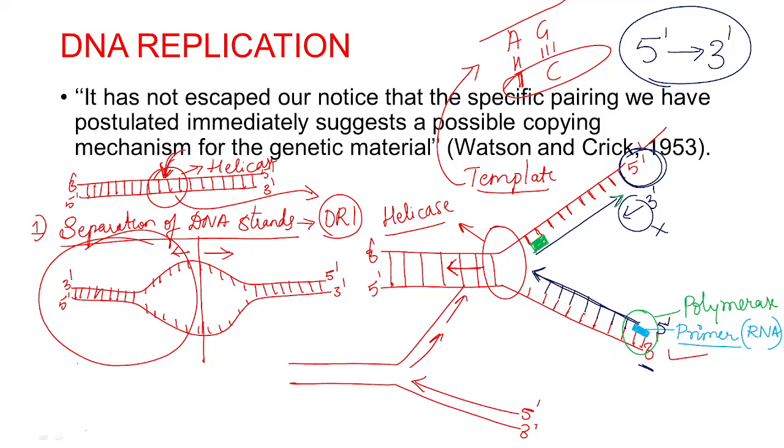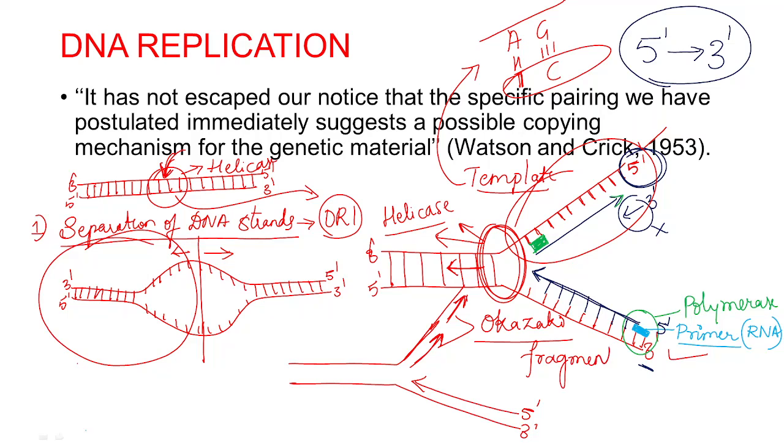Is that clear? As the helicase enzyme goes on separating the strands, the unpaired strand will be formed, and fragments of DNA will be formed on the strand with the polarity 5' to 3'. These are called Okazaki fragments, which were first identified by the scientist Okazaki.